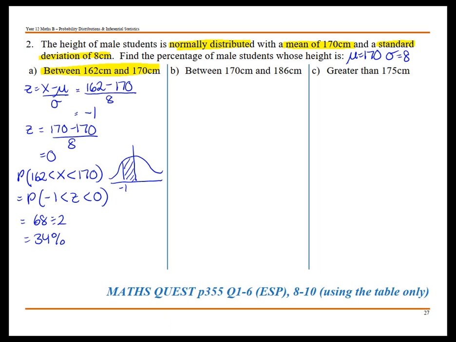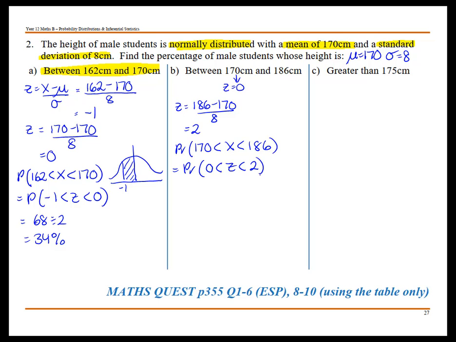Okay, the next one, between 170 and 186. We already know our Z-score for 170 is 0, so we need it for 186, so it's going to be 186 minus 170 divided by 8. So that's 16 divided by 8, which is 2. So the probability that 170 is less than my x, which is less than my 186, is the same as saying my probability that 0 is less than z, which is less than 2.